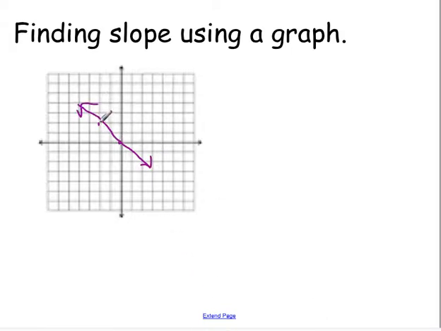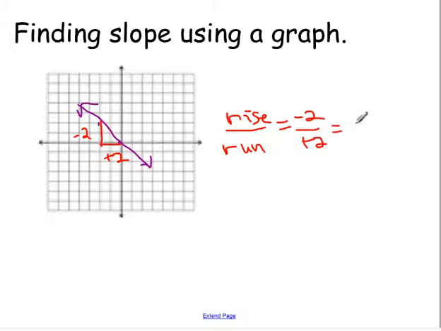I'm going to go down 2, which is -2, and I'm going to go positive 2. So the rise is -2 and the run is positive 2, and so that gives you a slope of -1. Notice how the slope is negative going lower left to lower right.